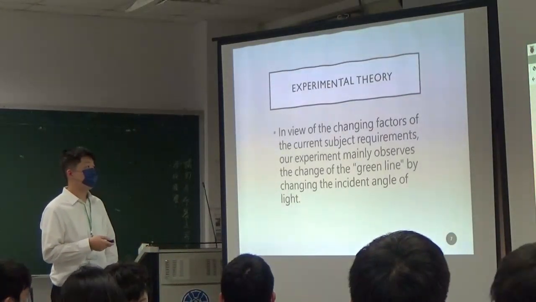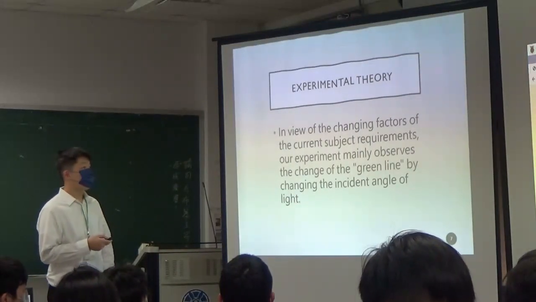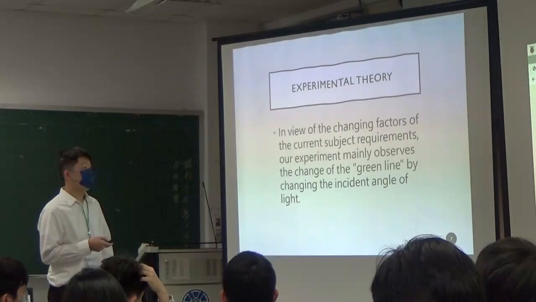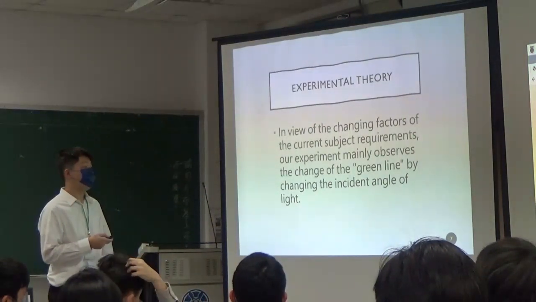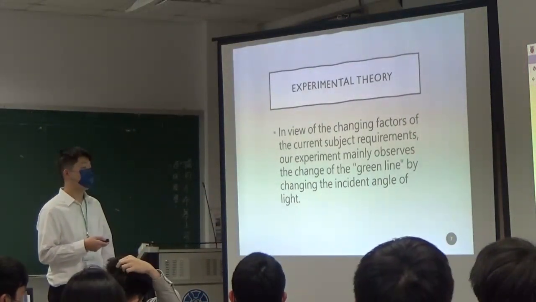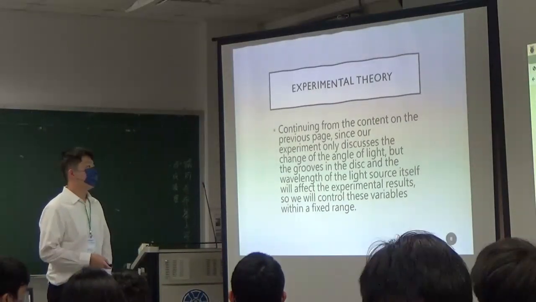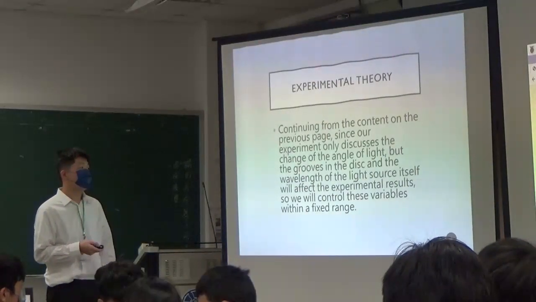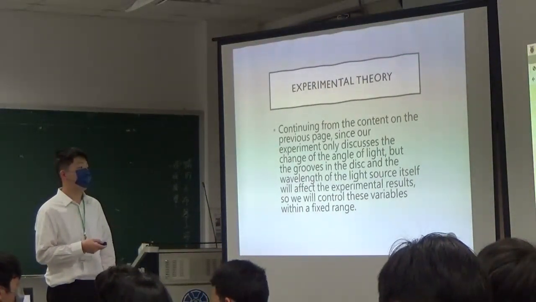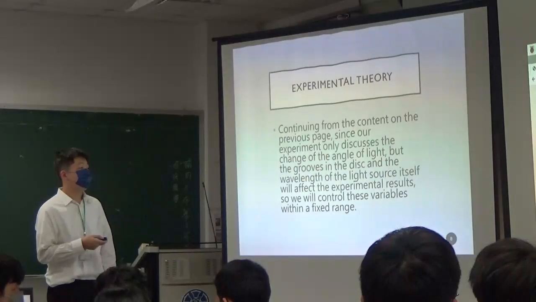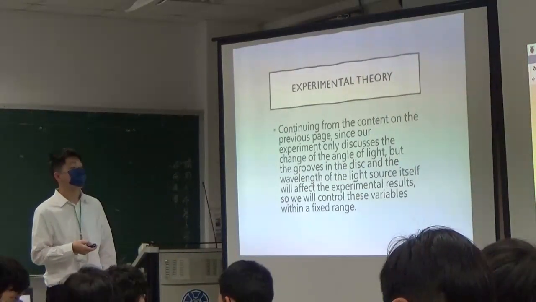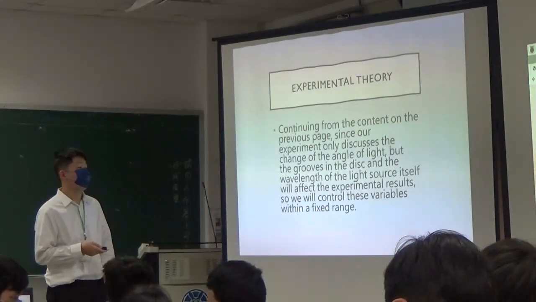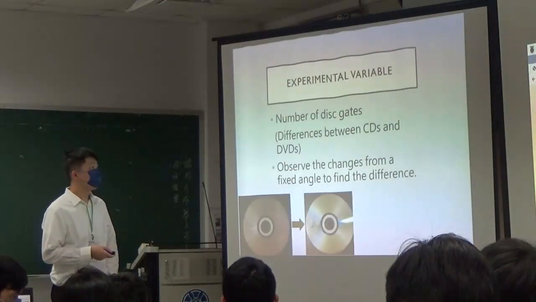So this is my experimental theory. In view of the changing factor of the subject requirement, our experiment mainly observed the change of the green line by changing the incident angle of the light. Since our experiment only discusses changing the angle of the light, but the grooves in the disc and the wavelength of the light source itself will affect the result, we will control these variables within a fixed range.